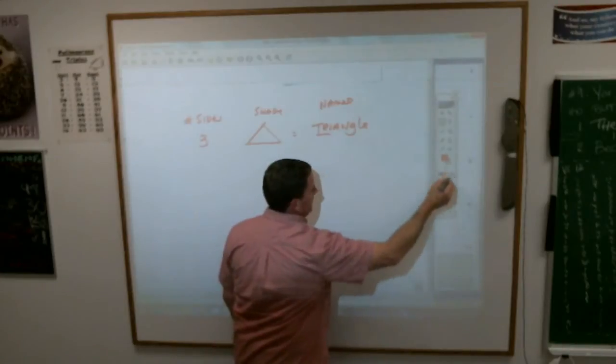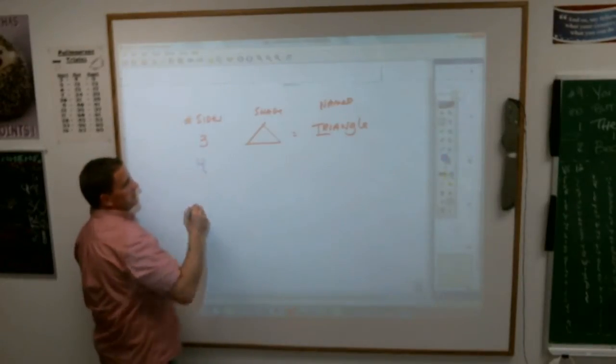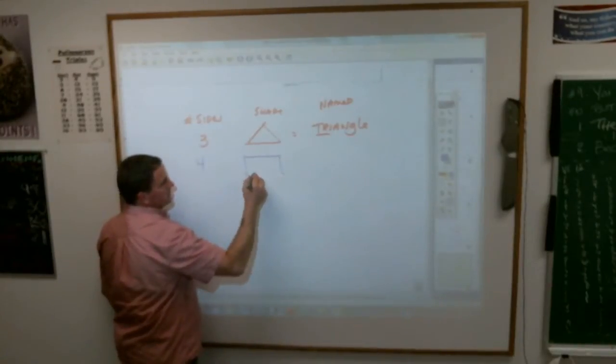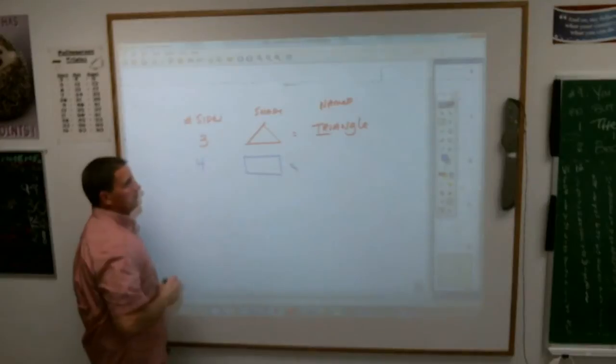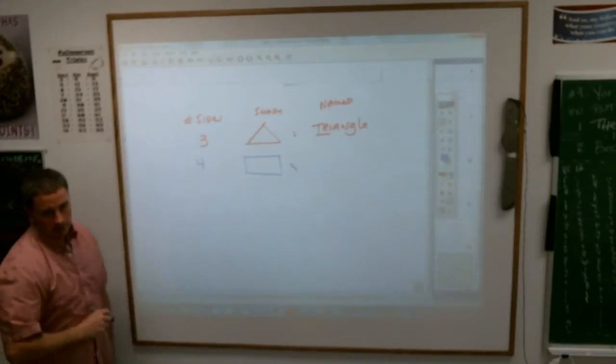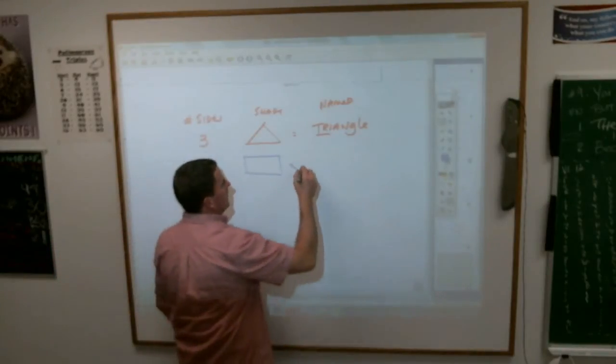A four-sided shape, it has four sides, and you can have a bunch of different looking ones here. Any four-sided shape is called a, not a rectangle, not a square, yep, a quadrilateral.